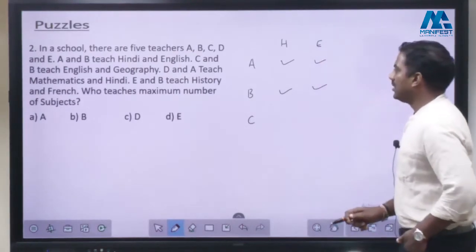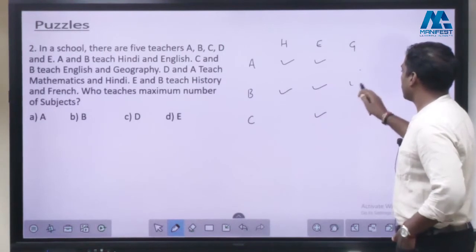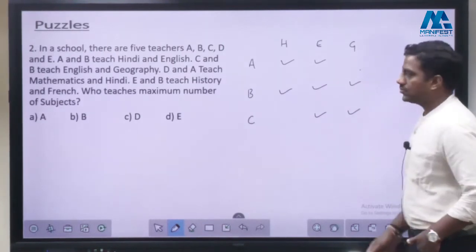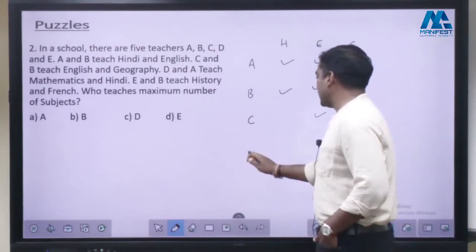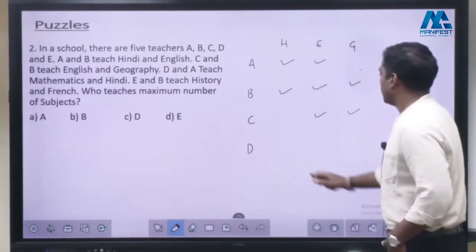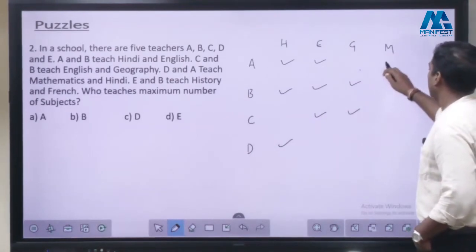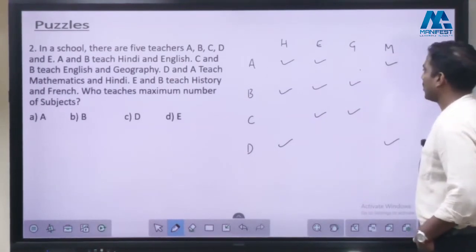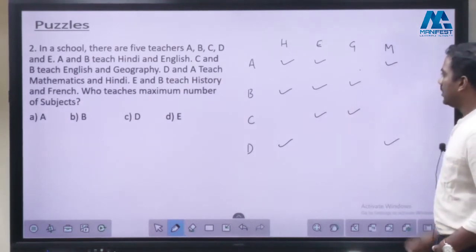So C and B will teach English and geography. Then D and A teach mathematics and Hindi. Correct? D and A, mathematics and Hindi.